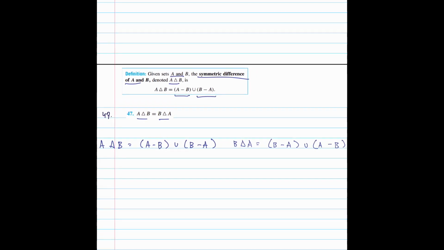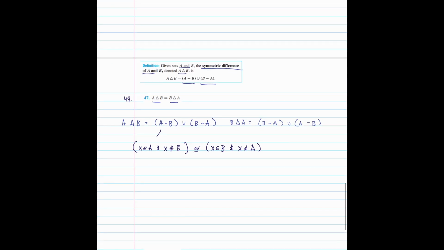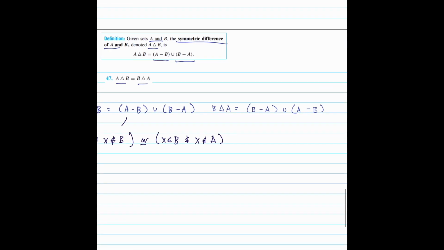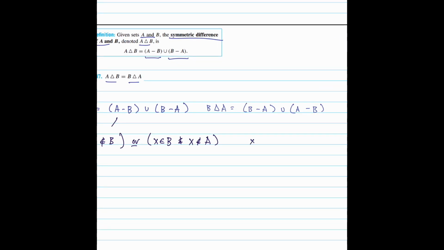On the left, it would be x is an element of A and x is not an element of B, or x is an element of B and x is not an element of A. The right hand side is x is an element of B and x is not an element of A, or x is an element of A and x is not an element of B.